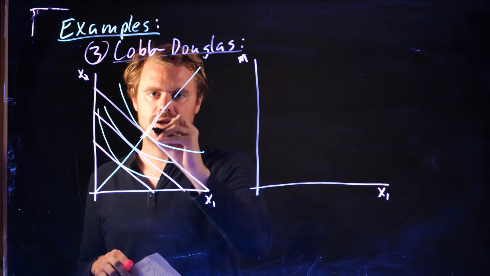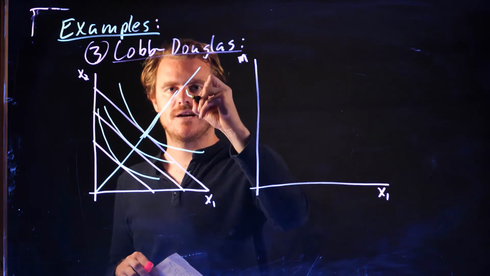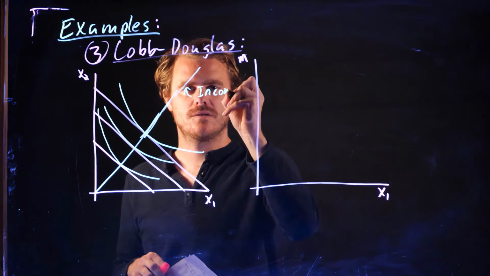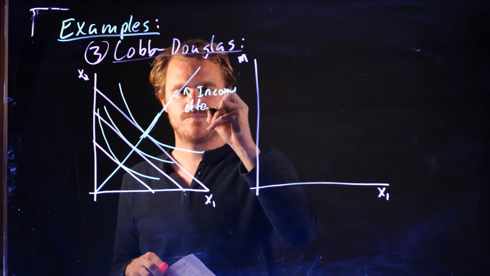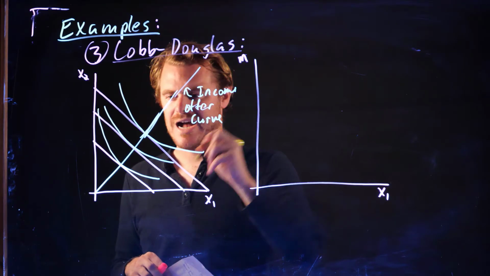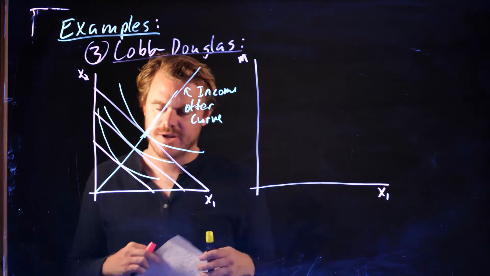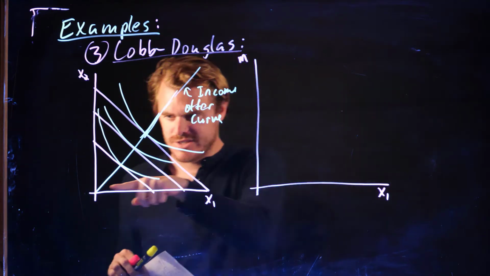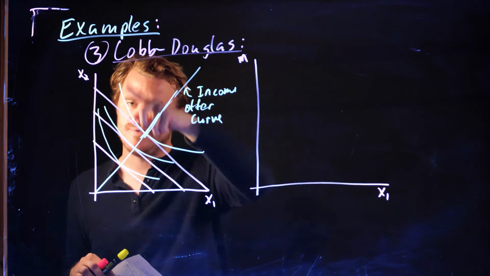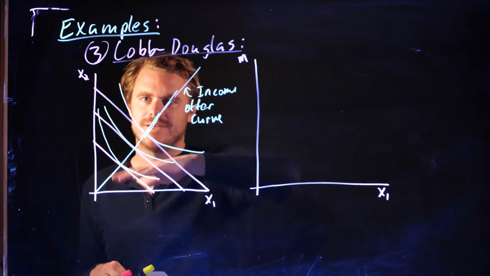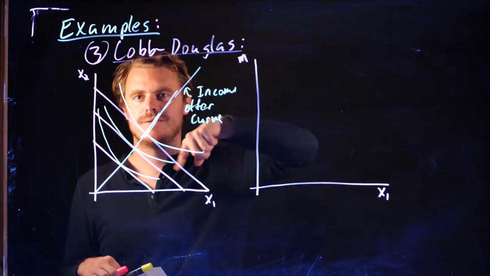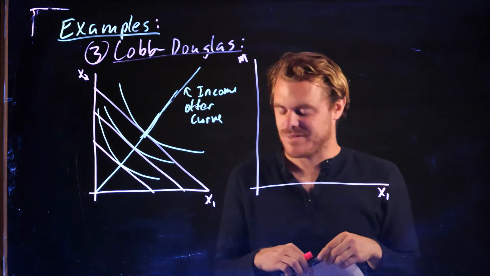So it's a straight line out of the origin, and this is the income offer curve. I just drew this straight line before drawing those indifference curves showing the optimal amount, just because I wanted it to be a straight line. If I draw freehand, it has the tendency to be squiggly rather than a straight line.